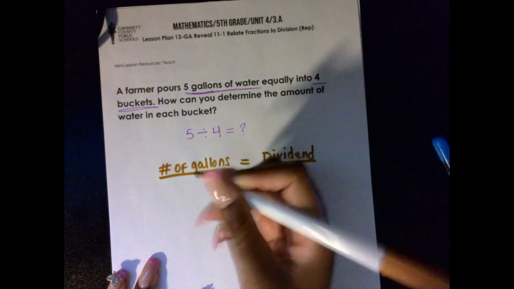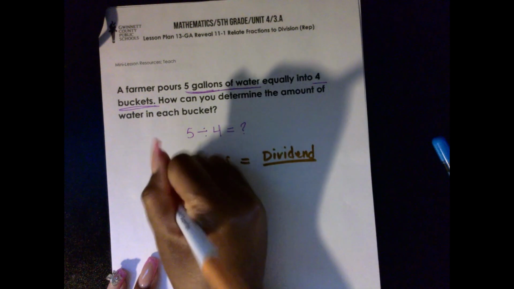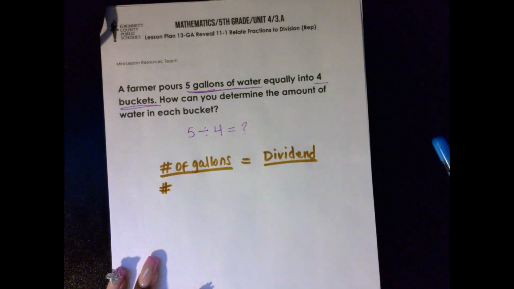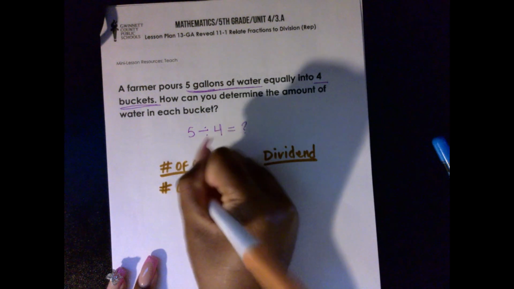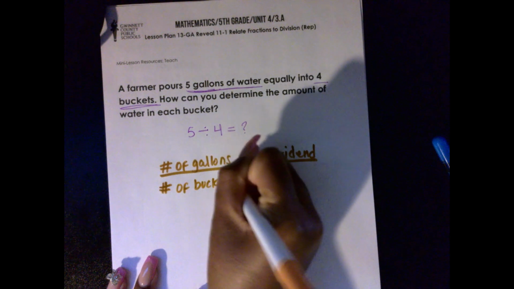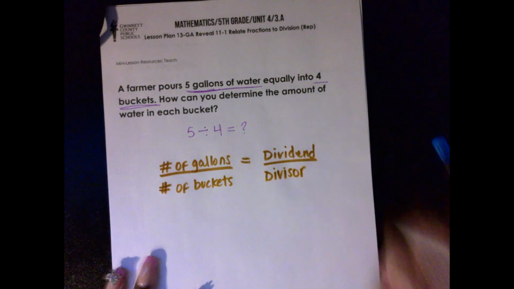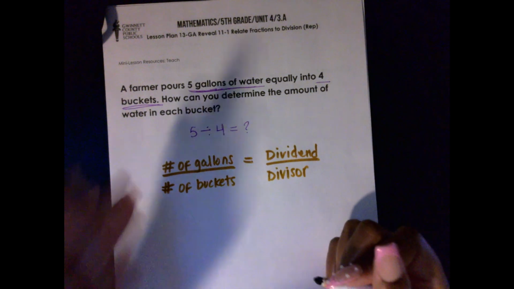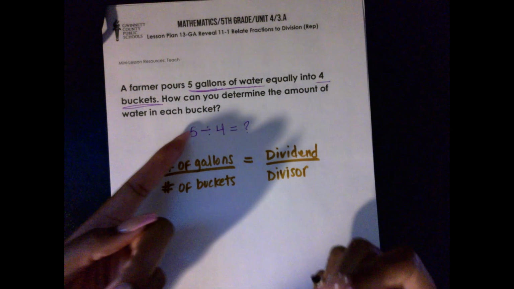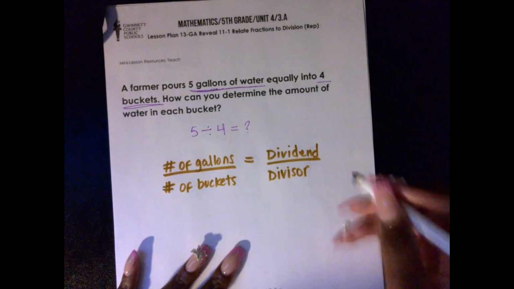All right, and our divisor is how we are sharing. How are we partitioning whatever it is that we're sharing? So that's the number of buckets. That's our divisor. So in the farmer's problem, those 5 gallons was what we were sharing.